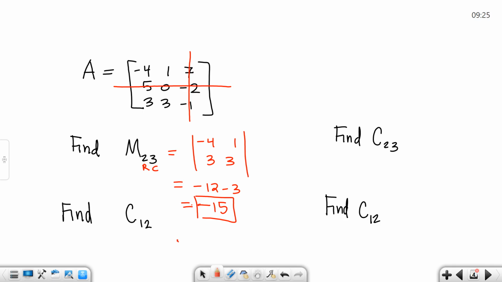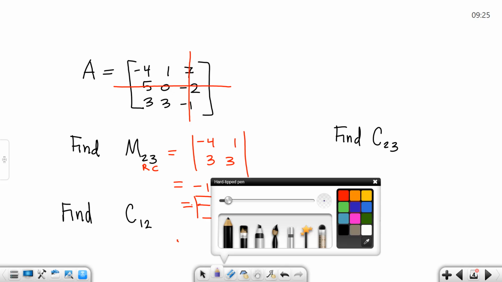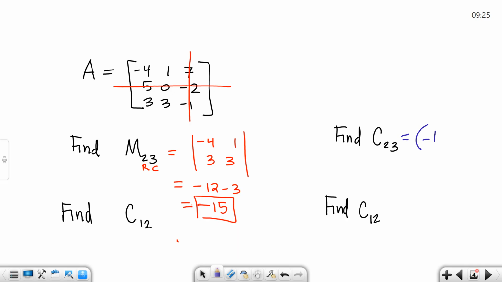Now, let's look at C2,3 going straight across. Well, C2,3 is going to say negative 1 to the 2 plus 3 times M2,3.